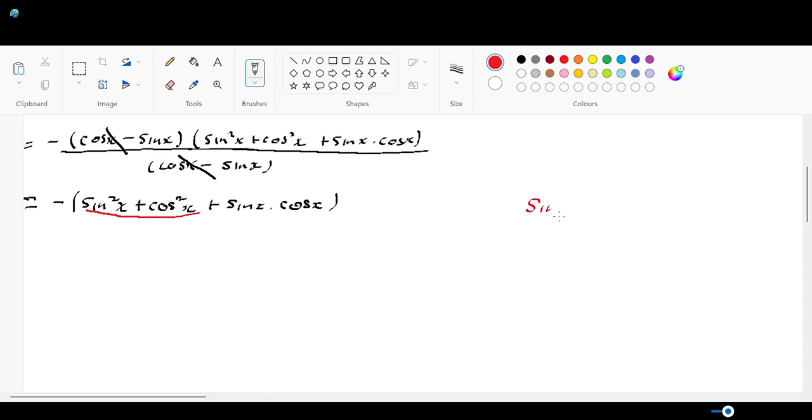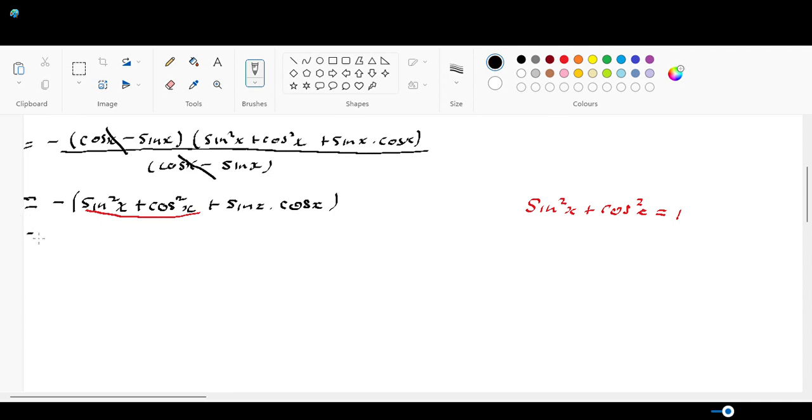Remember this identity. I'll keep on writing them until you know them by heart, guys. That identity says sine squared plus cos squared is equal to 1.